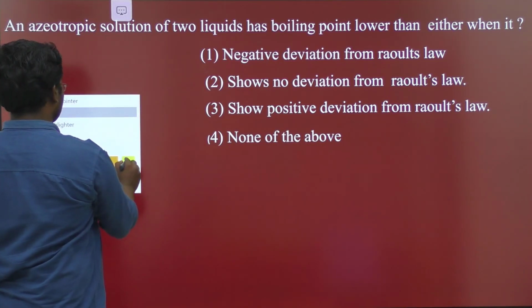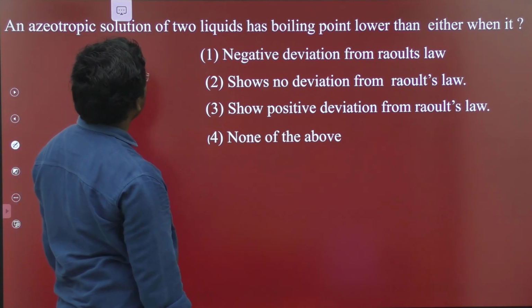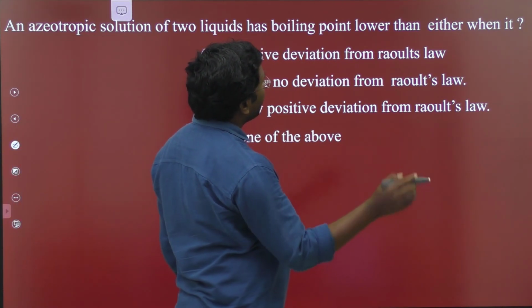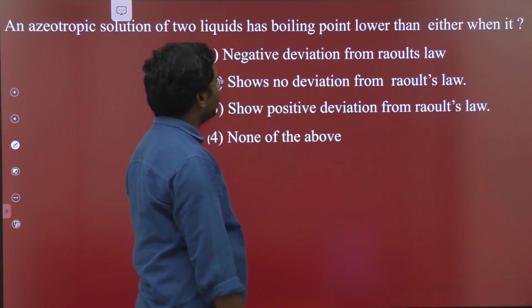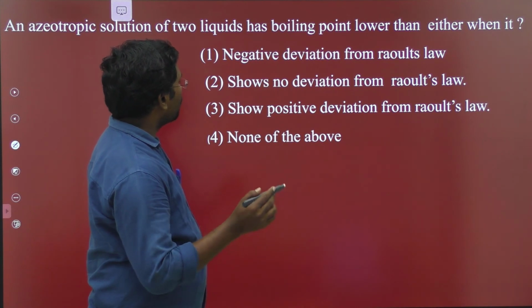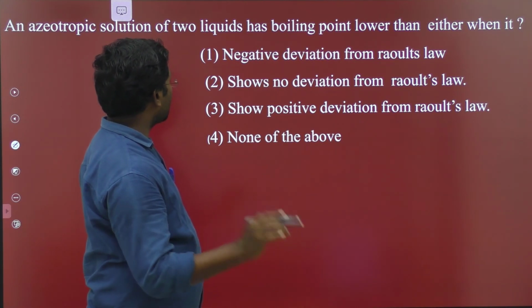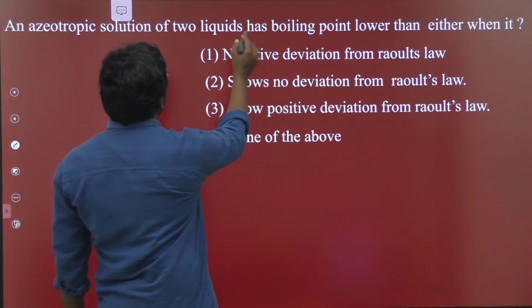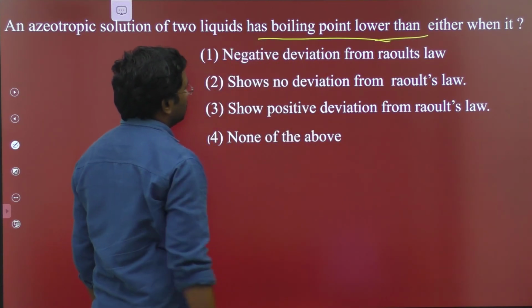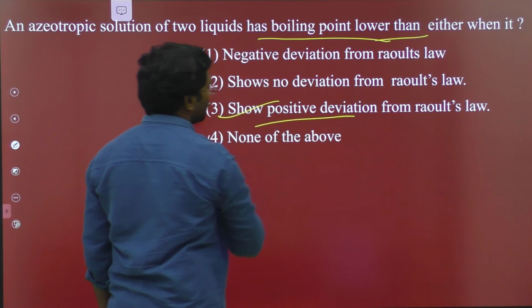Next one, the last thing. An azeotropic solution of two liquids has a boiling point lower than either: negative deviation from Raoult's law, no deviation from Raoult's law, positive deviation from Raoult's law, or none of these. An azeotropic solution with a boiling point lower than either shows positive deviation.